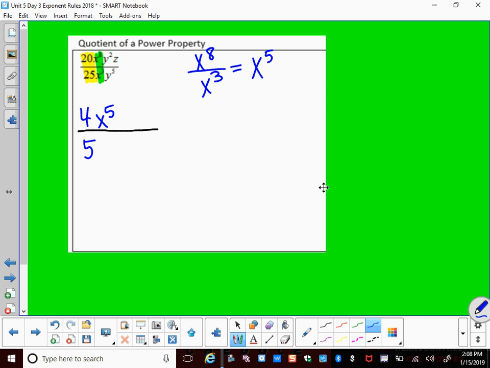The reason I do it that way is because if not, you may end up with negative exponents, which is fine, but it makes you have an extra step of having to move that exponent. So we're trying to cut that out altogether. The perfect example is here: y to the 2nd divided by y to the 5th.